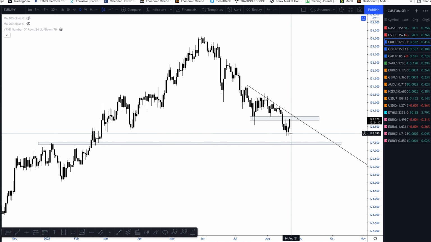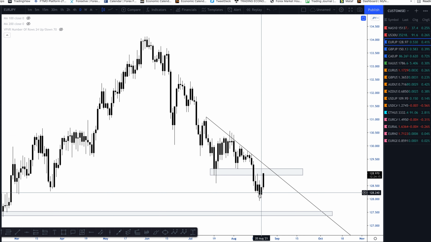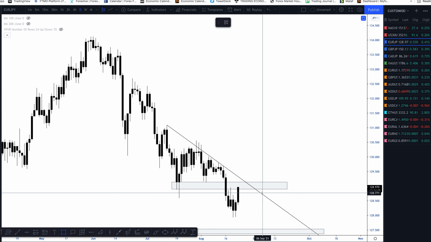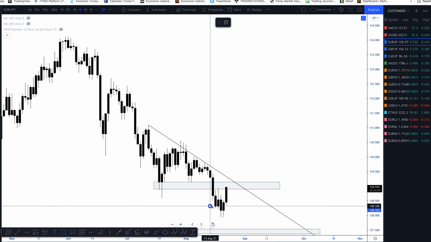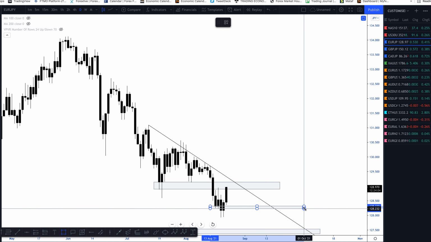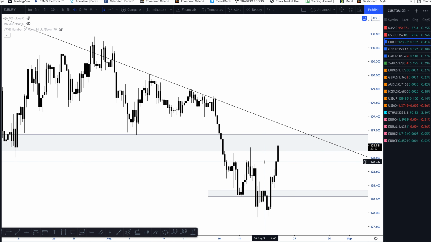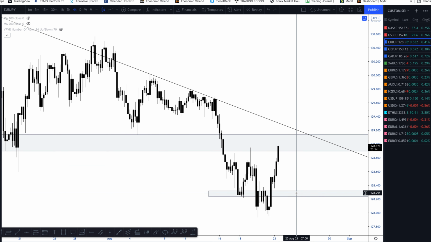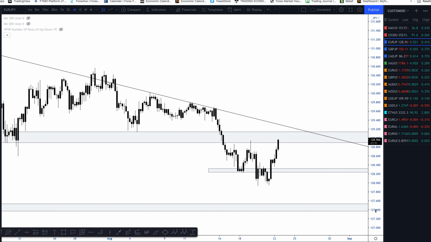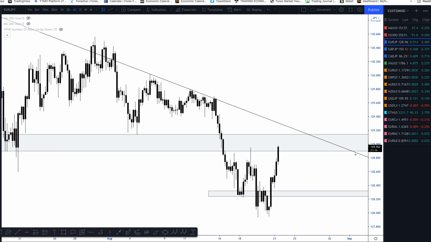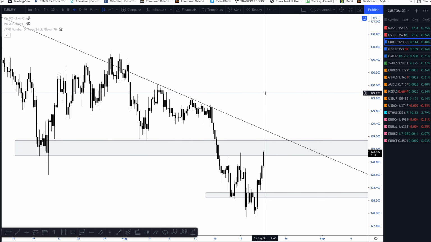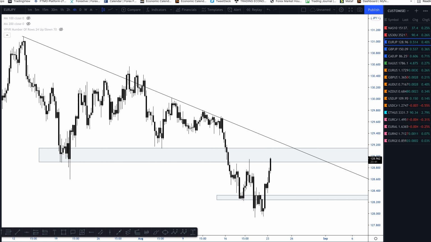So there's also obviously a support that's been created here. So price would need to break through this area as well. So let's see how that plays out this week. So our initial target, if we're going short, would be this 128.3 level, and our second target would be the 127.437 level. So let's see what happens on Euro JPY.